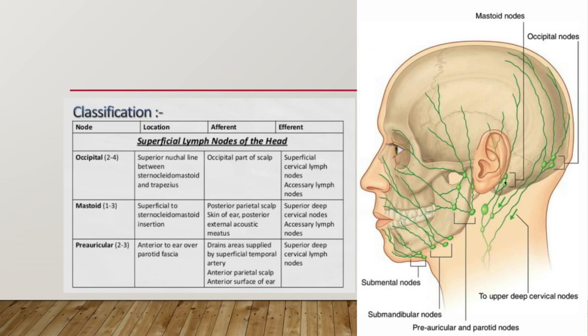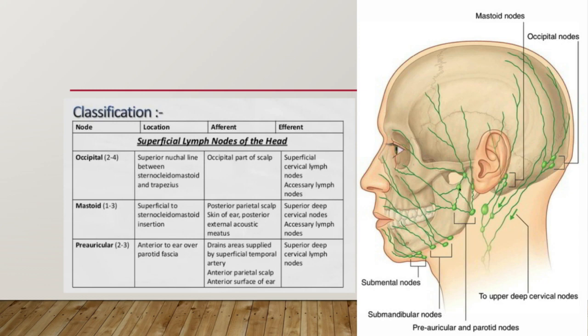This group drains the posterior part of the parietal region, the skin of the ear, and the external acoustic meatus. From the mastoid lymph nodes, which are superficial, they further drain down to the superior deep cervical lymph nodes and the accessory lymph nodes, same as the occipital lymph nodes. So, they drain the posterior part of the scalp and the ear.